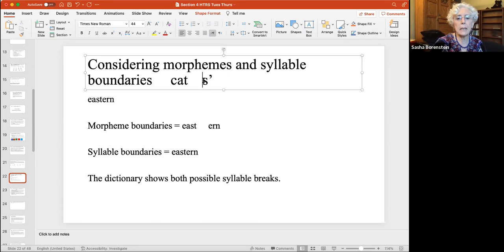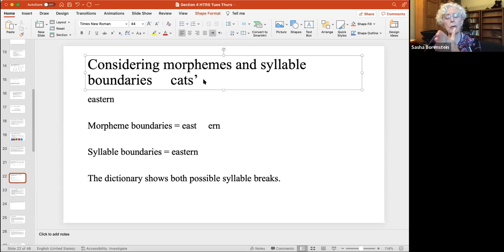And there is definitely a consideration that we have to make with syllable boundaries and morphemes. Because if we look at the word Eastern, it is made up of 2 syllables and 2 morphemes. The 2 morphemes are the syllable east, which is a direction of the compass, and ERN. The suffix ERN is also a morpheme.